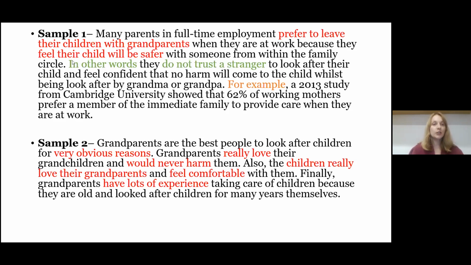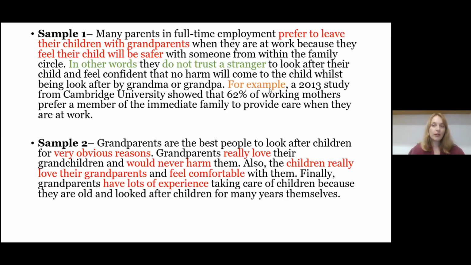Evidence? Because they feel their child will be safer with them. That's the argument. But again, probably we need some explanation why they will be safer. How come? In other words, they do not trust a stranger to look after their children, to feel confident that no harm. So the child won't get harm, will be safer. Yeah, because it's not a stranger. And it's actually the grandma or the grandpa.